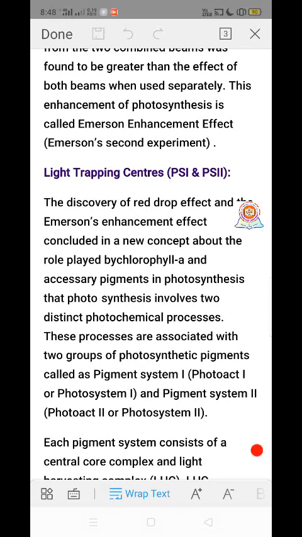These processes are associated with two groups of photosynthetic pigments called pigment systems, or photosystem 1 and photosystem 2.